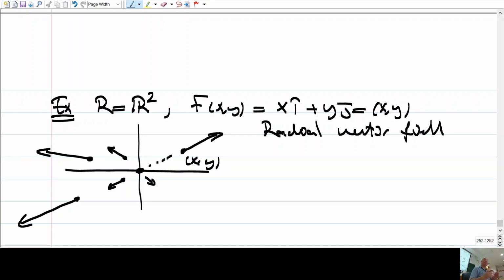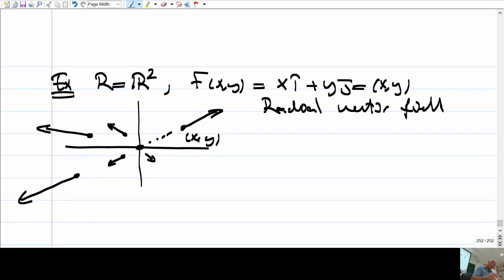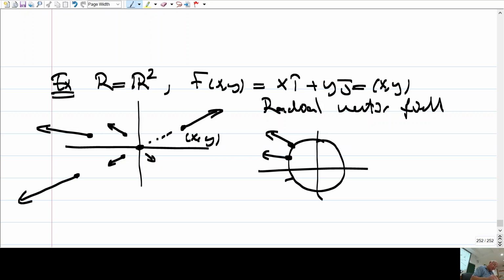It gets bigger and bigger as you get away from the origin, right? At the origin, it is 0. For example, on the unit circle, at any point it is just this, right?